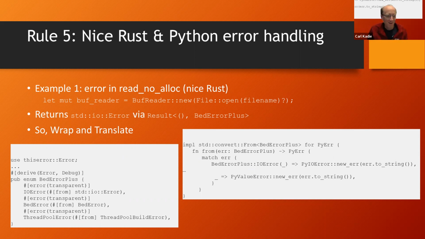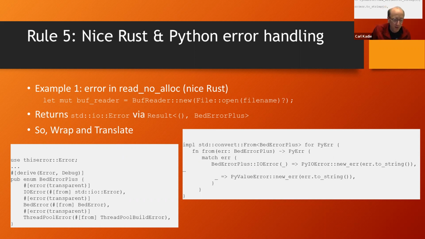Oh, I got it on the left. So we import from this error library's error something. I don't actually know what that is. And then we define our Rust enum called BedErrorPlus, and it includes standard IO error, which we'll call IOError.